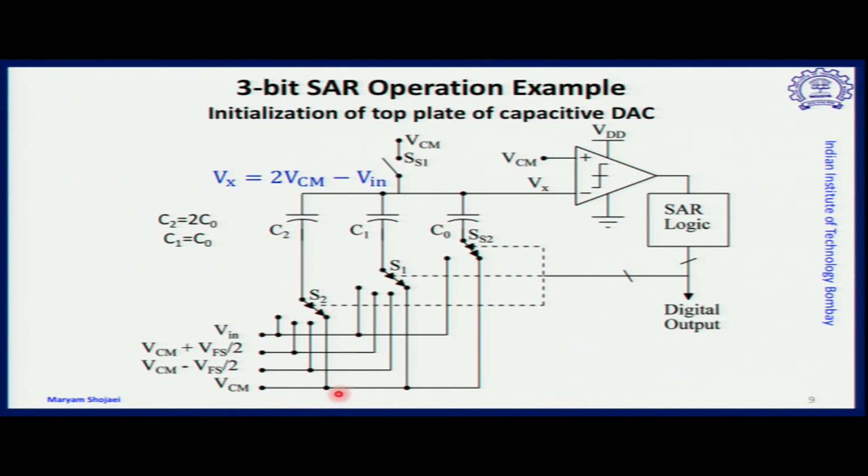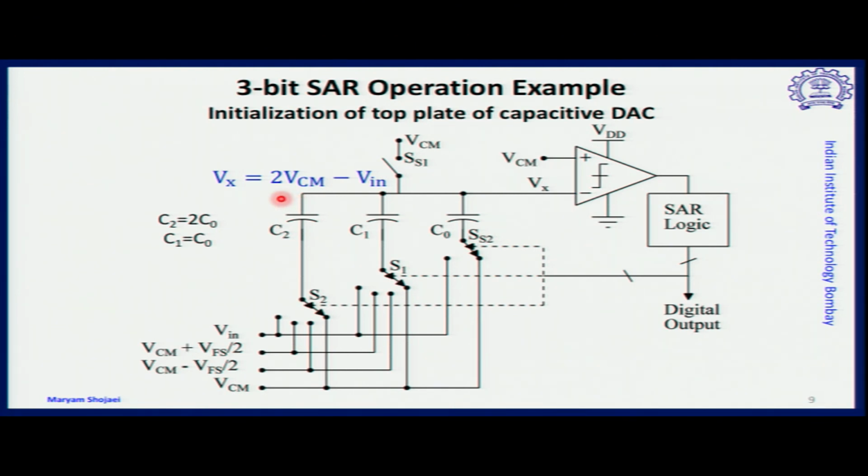In the second step, the bottom plate is connected to the common mode level, and therefore the voltage on top of the capacitors, achieved after opening switch SS1, becomes 2 VCM minus Vin. You may be surprised: what's the use of 2 VCM minus Vin? To understand, consider a better way of writing this voltage: VCM plus (VCM minus Vin).